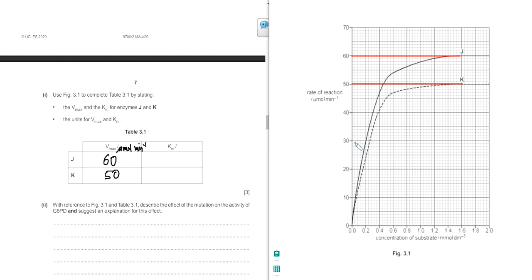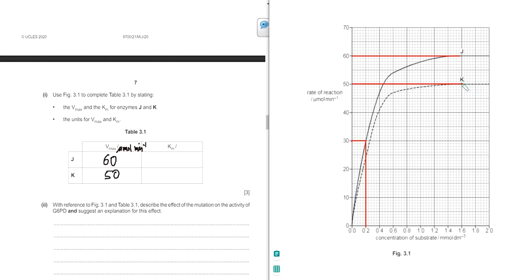Now we said Km relates to the substrate concentration that is needed to reach half Vmax, half of the maximum rate, and to find that, we already know for J our maximum rate is 60, so we halve that, we go down to 30, and we find the corresponding x value for that, which is 0.2.